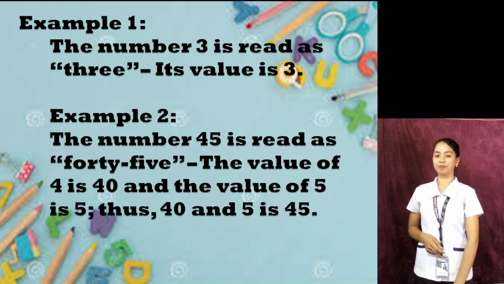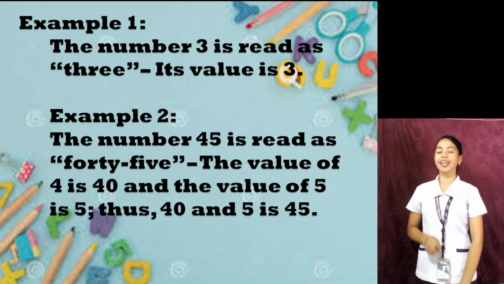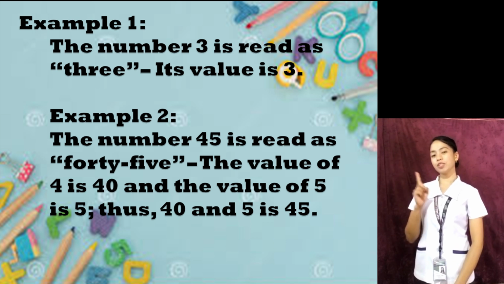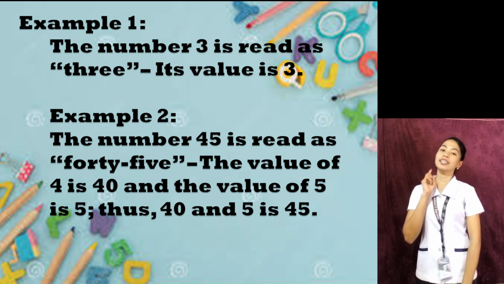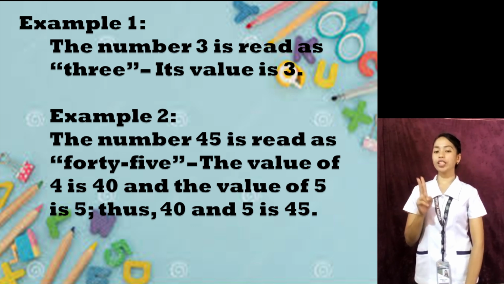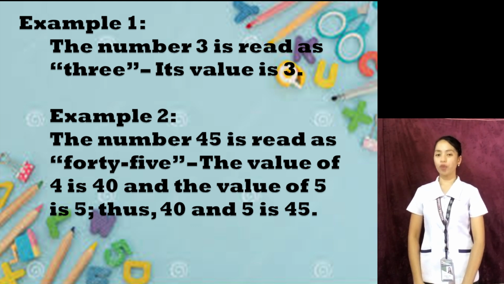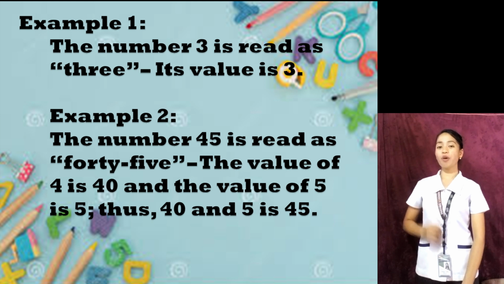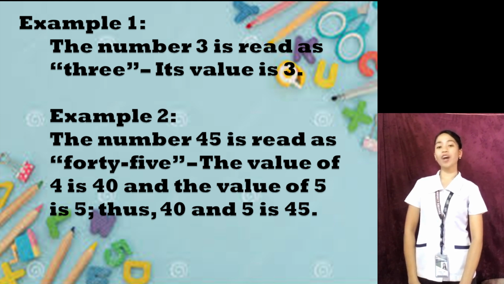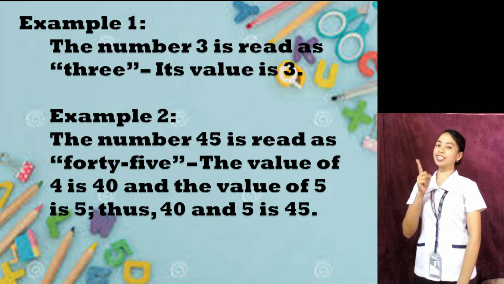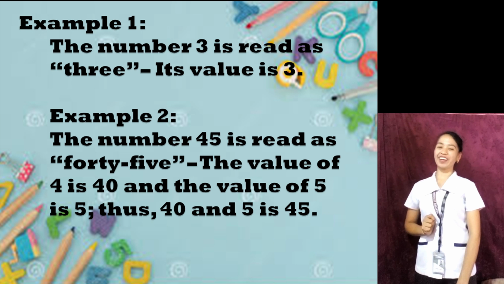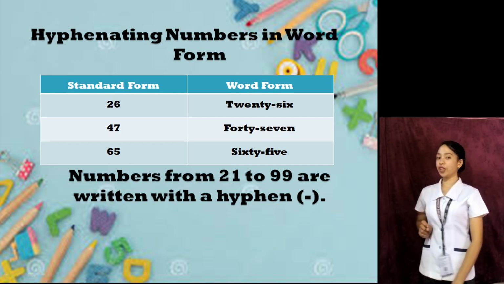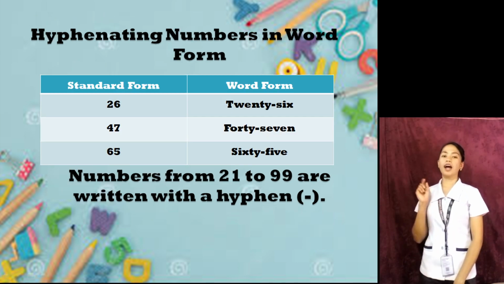Example number 1. The number 3 is read as 3 and its value is 3. In number 2, the number 45 is read as 45. The value of 4 is 40 and the value of 5 is 5. Thus, 40 and 5 is 45. But before that, let us remember the hyphenating numbers in word form.